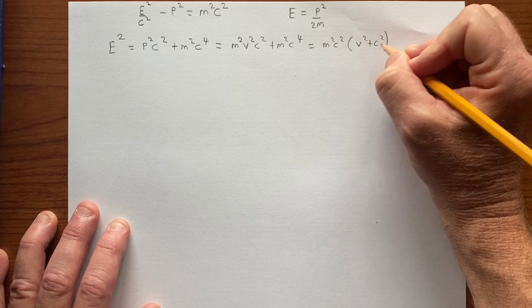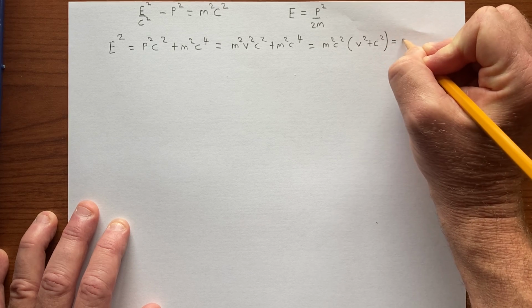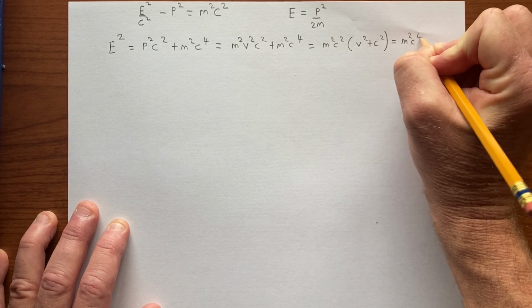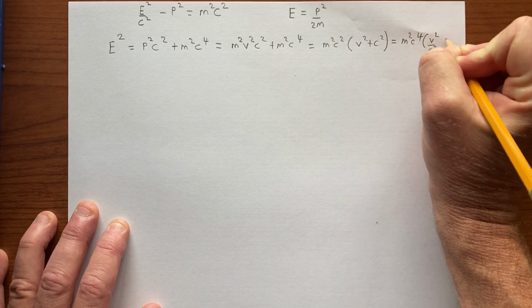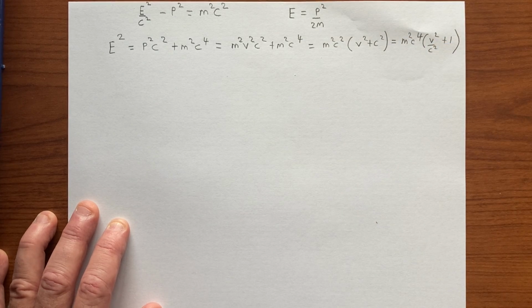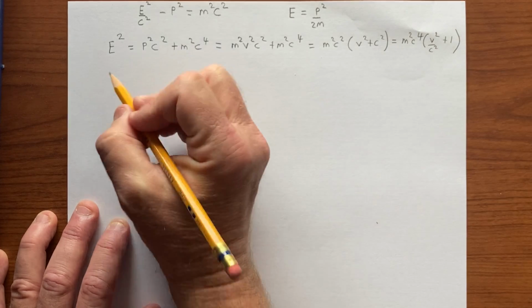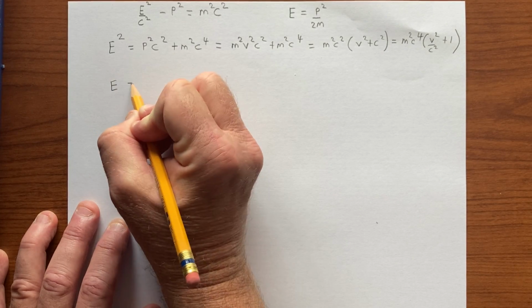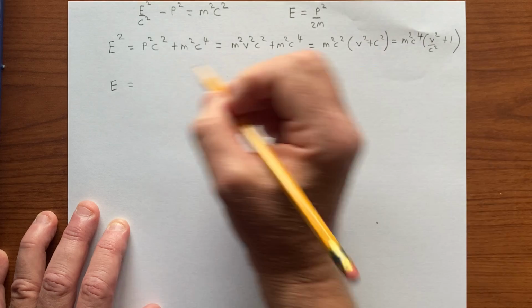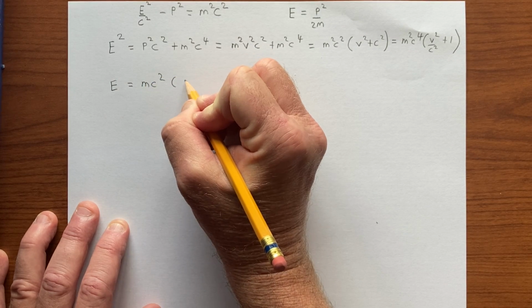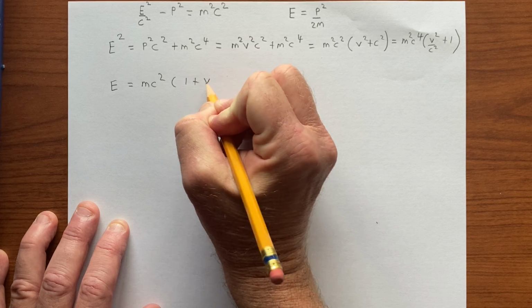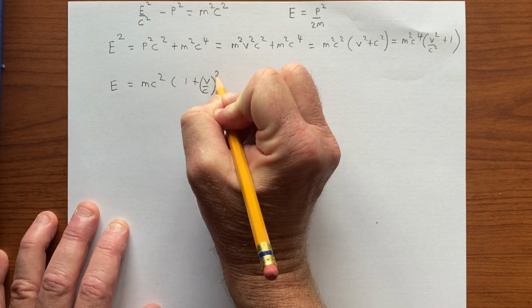Let me pull another factor of c squared out. So we get m squared c to the fourth times v squared over c squared plus 1. And so we can say that E is equal to the square root of this, which is mc squared times 1 plus v over c squared.